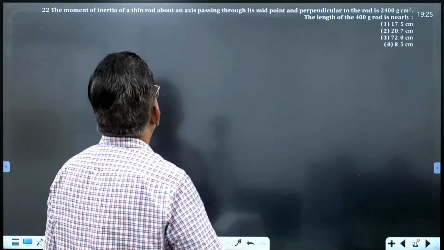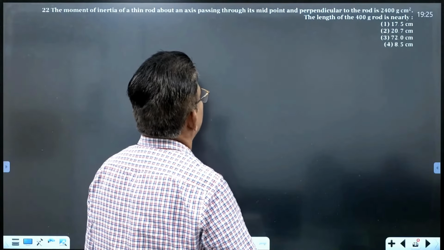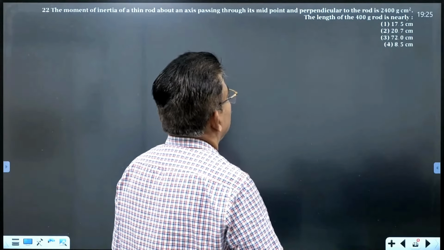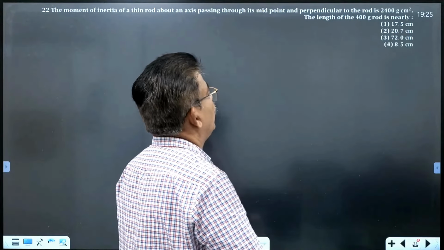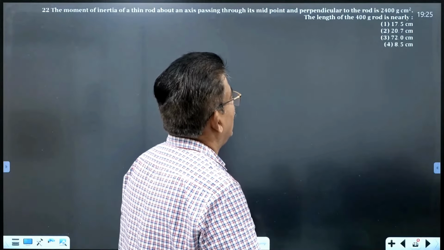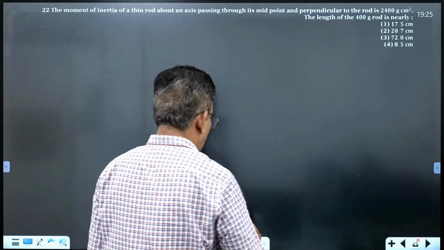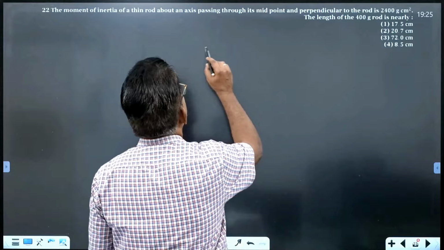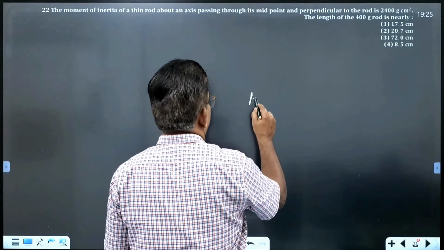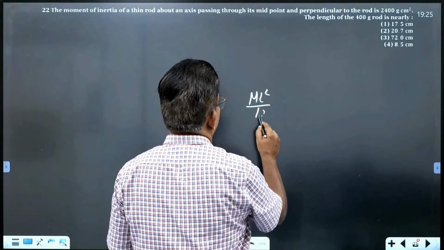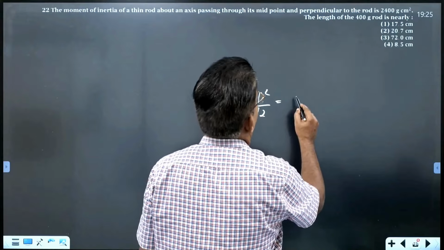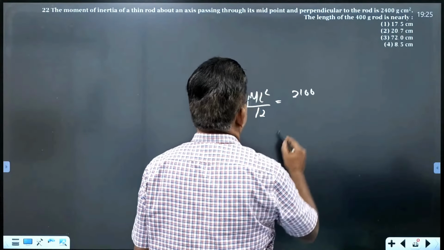The moment of inertia of a thin rod about an axis passing through the midpoint and perpendicular to the rod is 2000 gram centimeter squared. Mass is 400 grams. Then what is the length of the rod? Moment of inertia about an axis through the midpoint and perpendicular to it is mL squared by 12, given as 2000 gram centimeter squared.